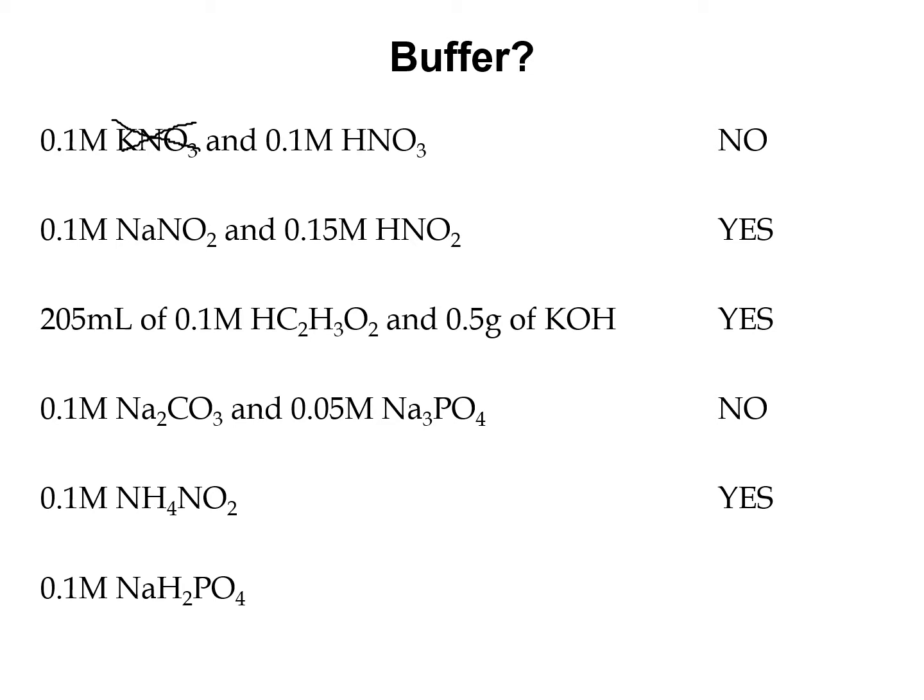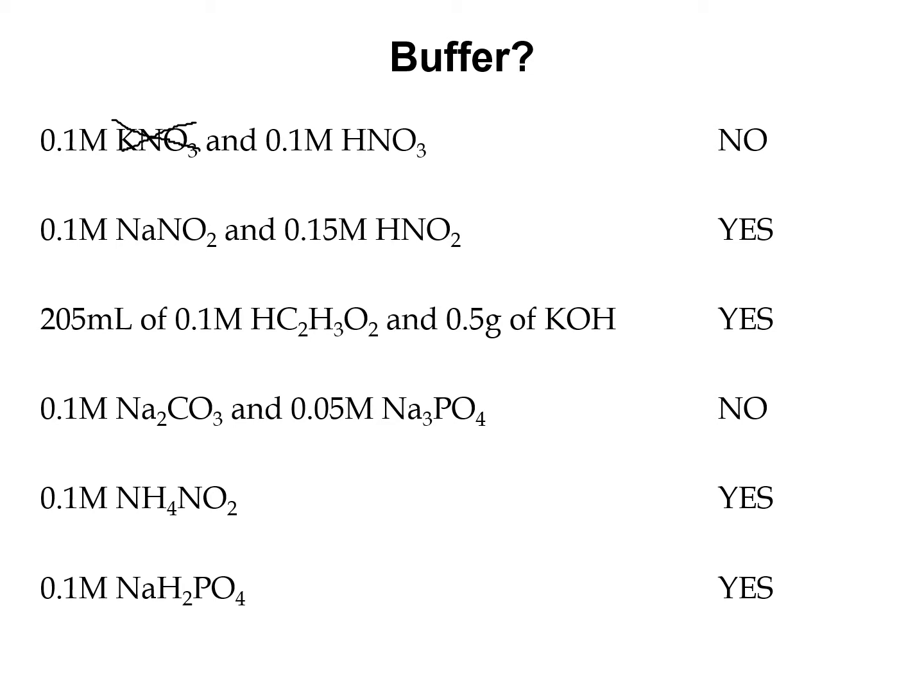This H2PO4 negative is negatively charged, so it can add a hydrogen to become phosphoric acid, which is weak, but it can also lose this hydrogen to react with a hydroxide, producing water. So this is one of those amphoteric ions, so it will be considered a buffer, using that same ion as our acid and our base.